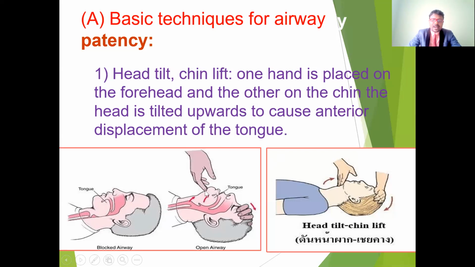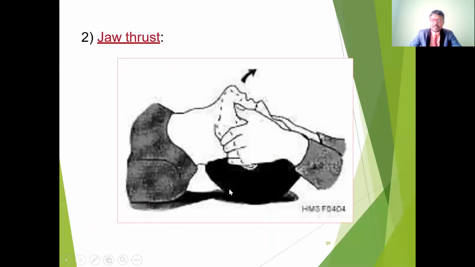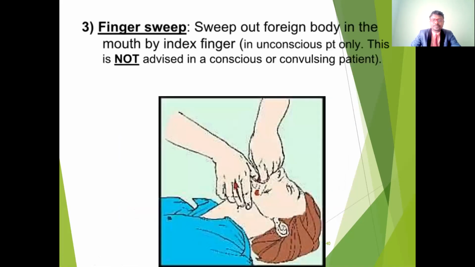If we tilt the head, we clear the airway, and you can see the airway is open in the head tilted position. If you are giving mouth to mouth respirations, we give the head tilt and jaw thrust. This position gives more clearance and helps improve the airway of the patient.